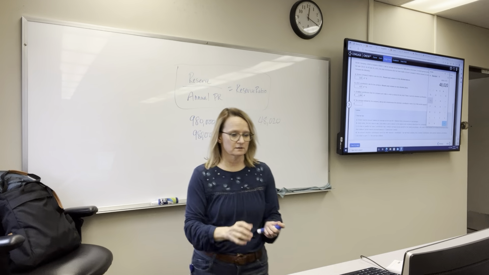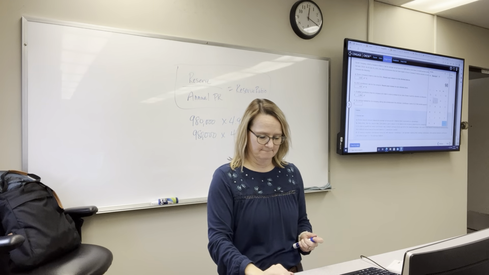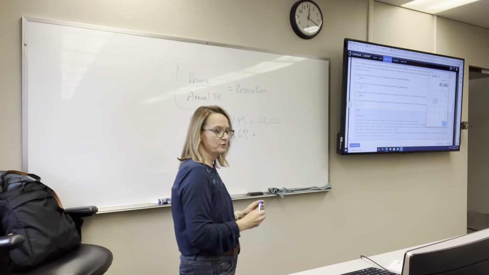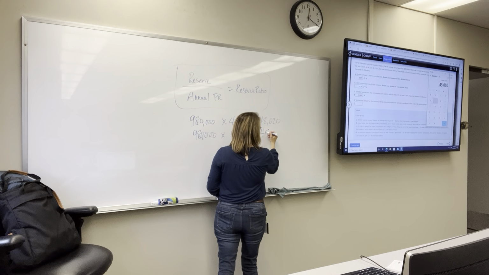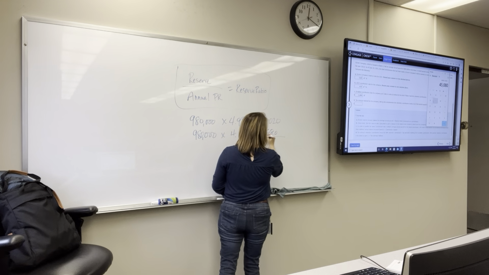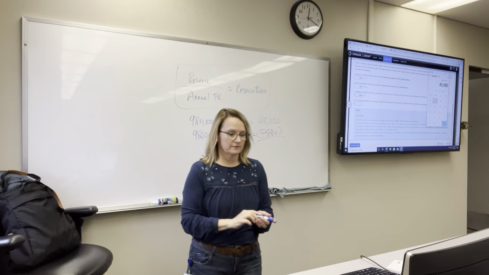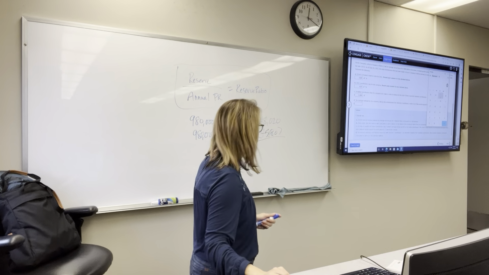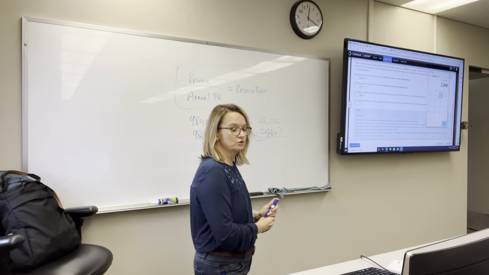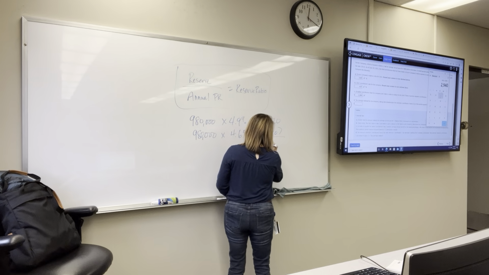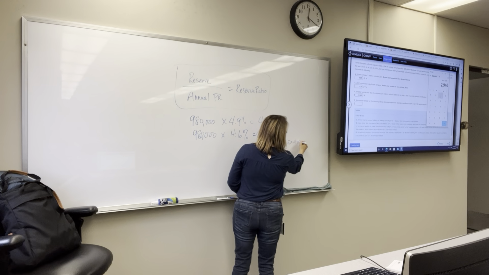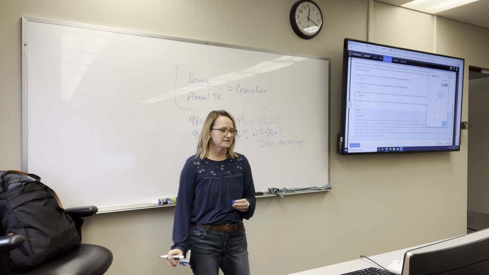Let's see what the tax is here. $45,080. All right. The difference between those two is our tax savings. So 48,020 minus 45,080, 2,940. $2,940 is our tax savings.